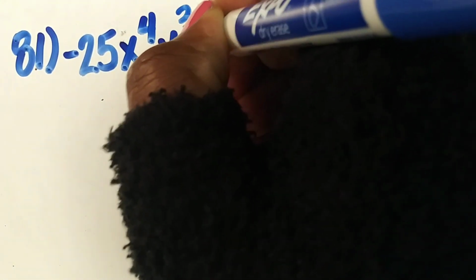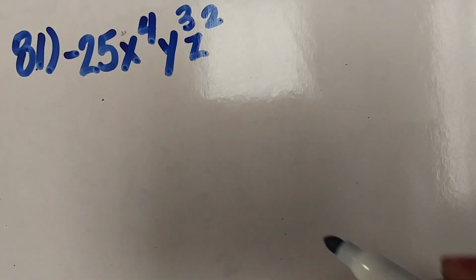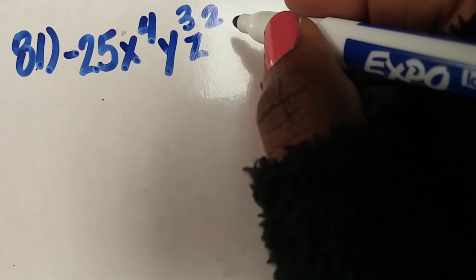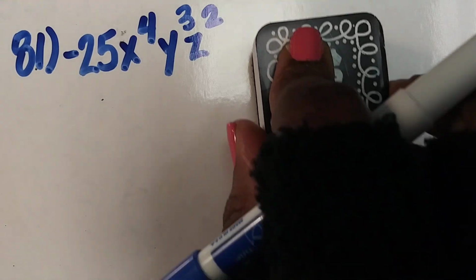Number 81. I have negative 25 x to the fourth, y to the third, z to the second. And I'm actually writing down 82.